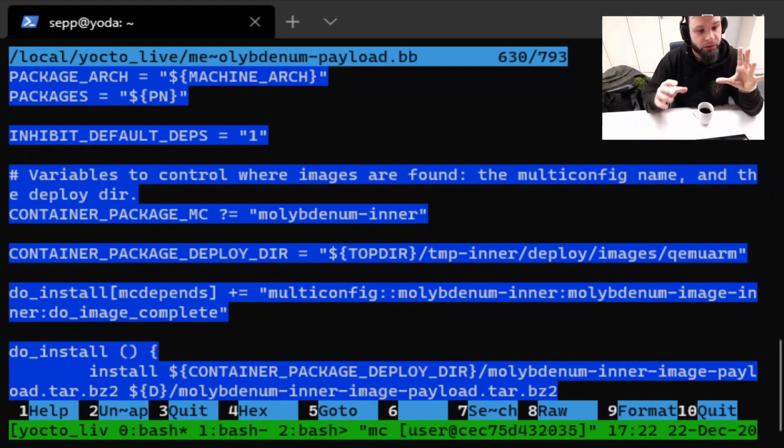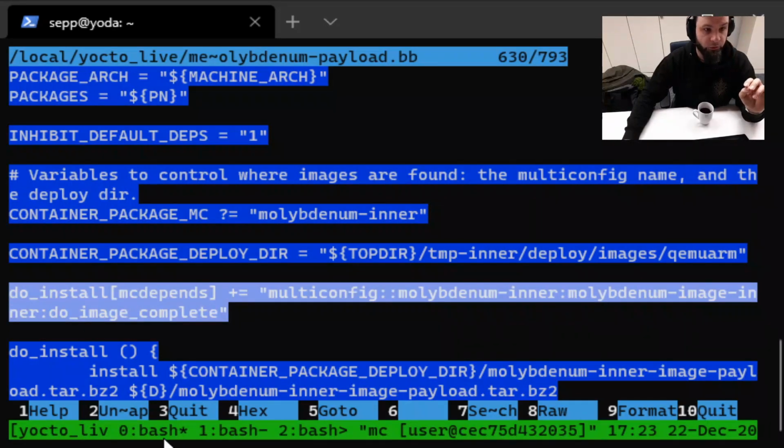And so in order for BitBake to understand it needs to build the inner build before the outer build, we have to create a dependency. And this is the magic line for BitBake. We say, do_install of our payload recipe multiconfig depends on. Here comes the multiconfig keyword.